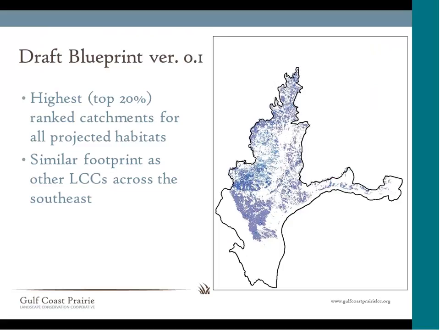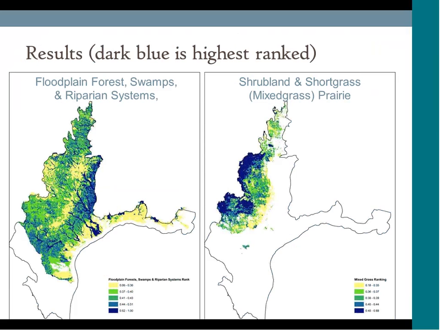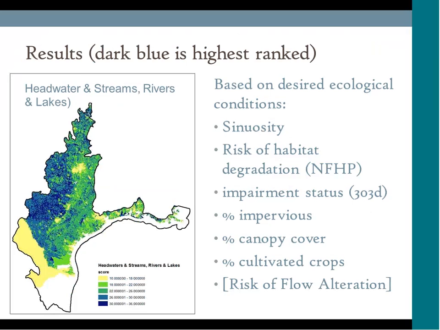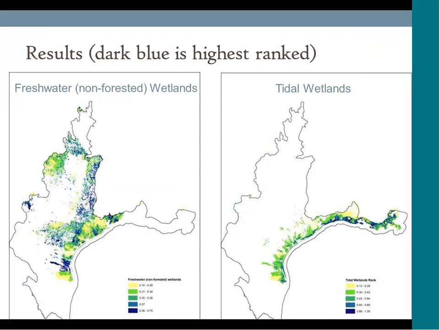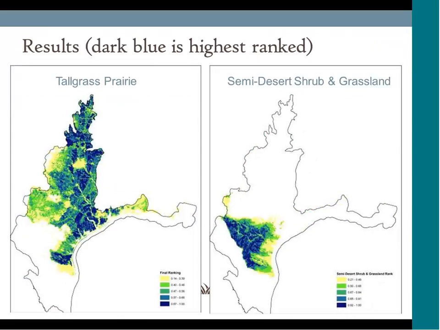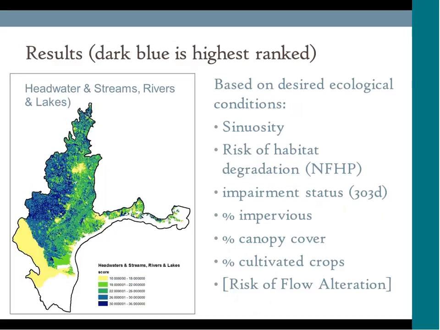Yeah, so since this is the top 20% catchments, it's pulling on a few different things. One, it's pulling on the semi-desert shrub grassland primarily, but also some of the floodplain headwaters and streams.